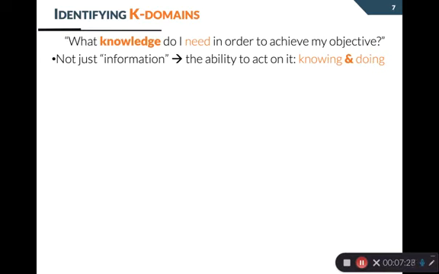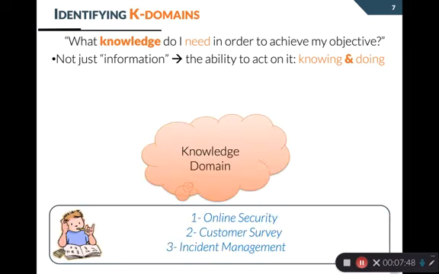And when you ask this question, you need to think about, when we talk about knowledge domains, it's not only about information, it's not only about the areas of, let's say, knowing, it's also about the capabilities of organizations to perform certain tasks. For instance, in this case, you may think about 3 knowledge domains: online security, customer survey, and incident management. Because if you master these 3, you can basically achieve the objectives that you already had. This is just an example.